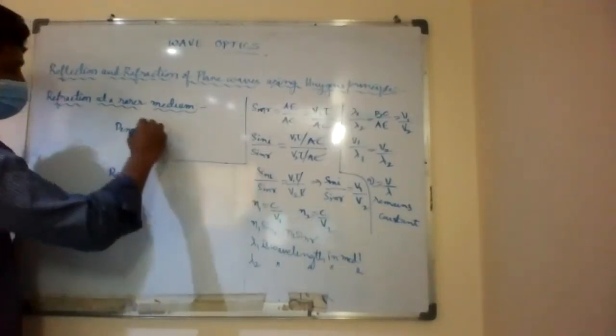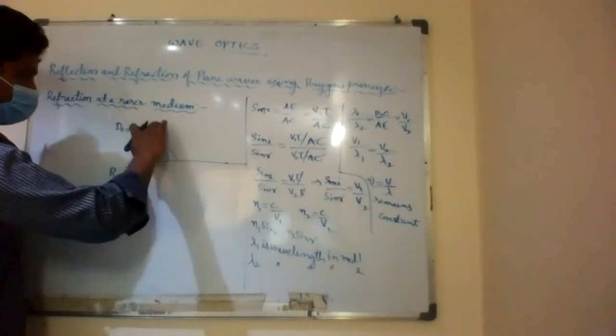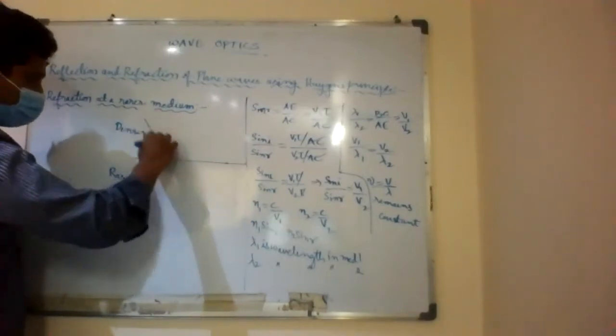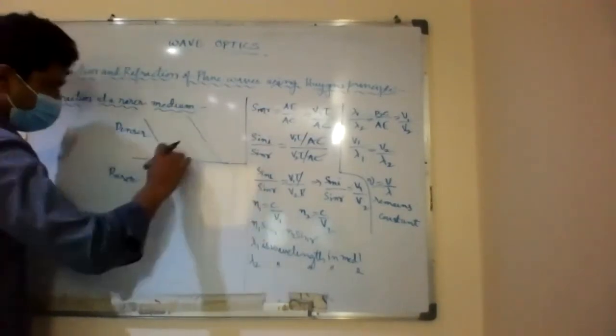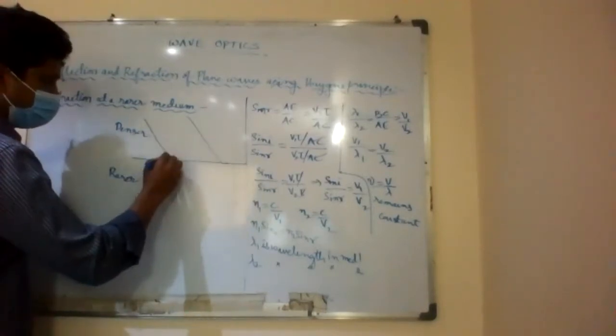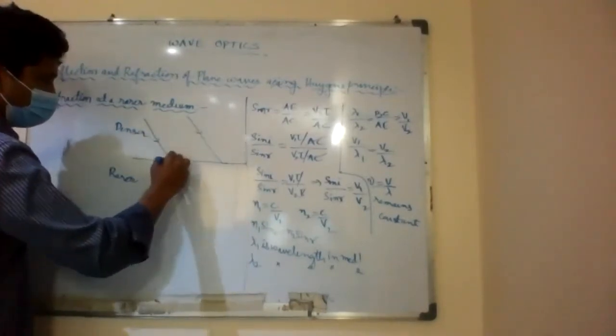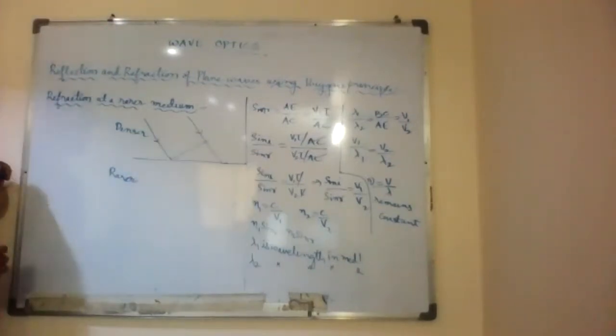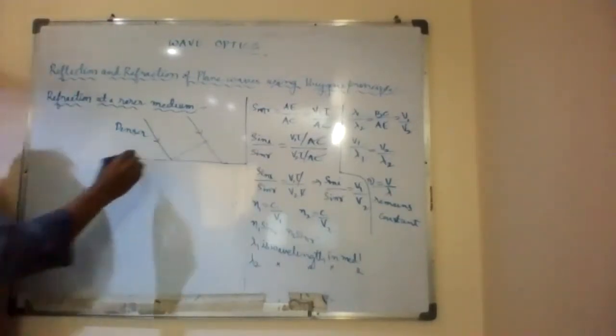Light is traveling from denser to rarer medium. So we are taking two rays again. It bends away from the normal. These two are the incident rays. So this is the wavefront, right? And this is the normal.